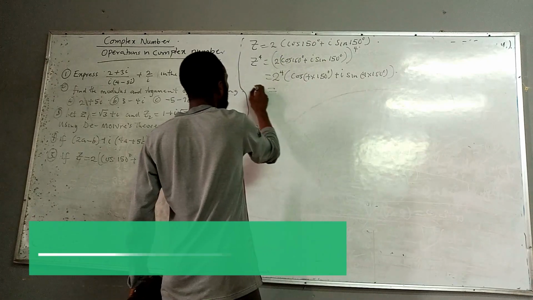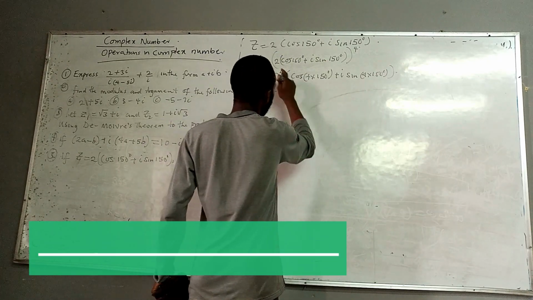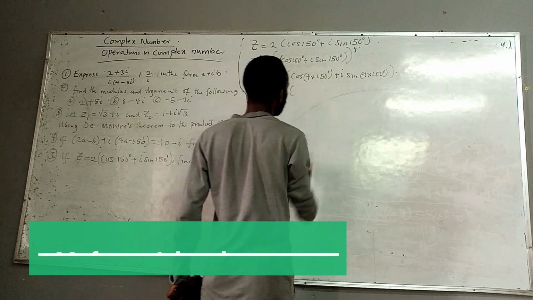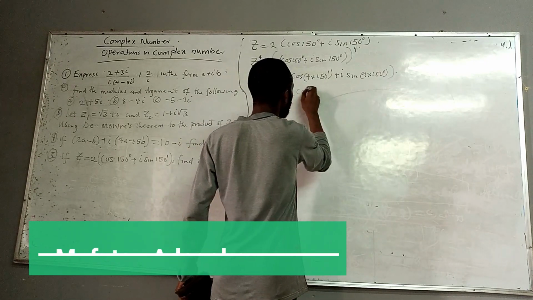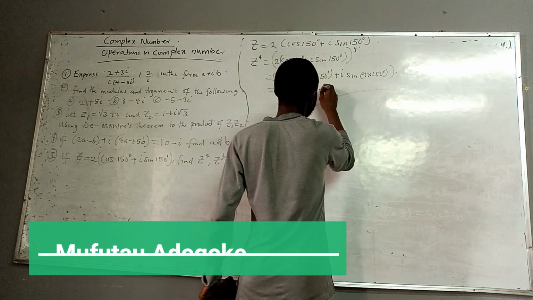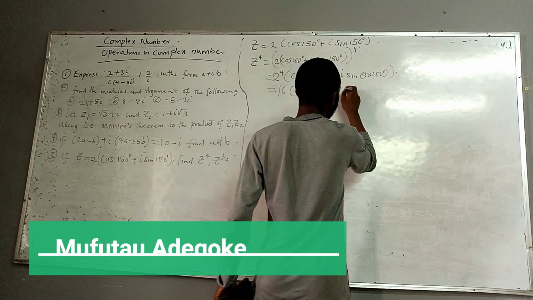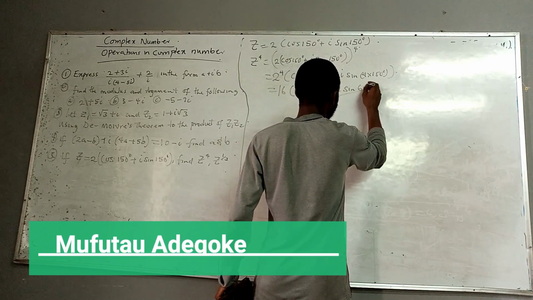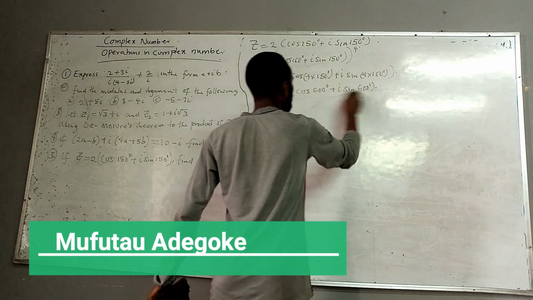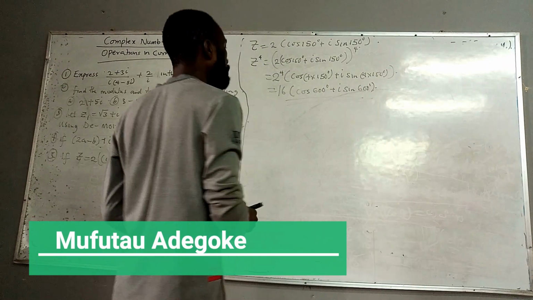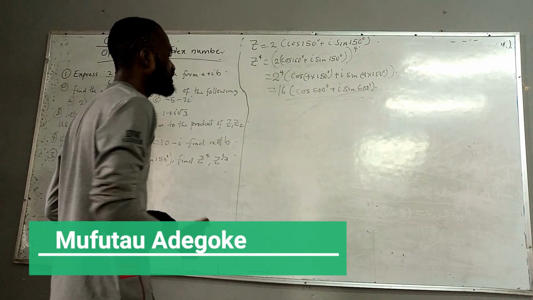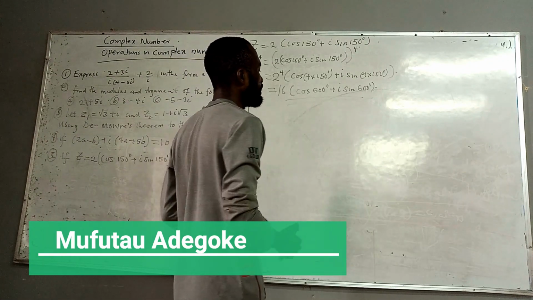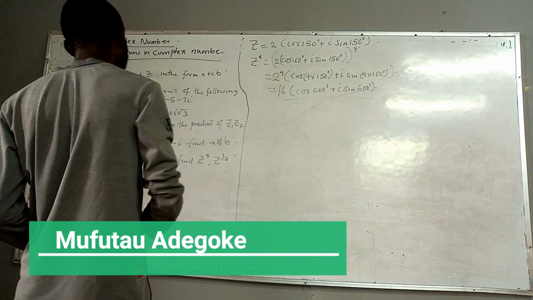At the end of the day, we have 2 raised to power 4 is 16 into cos 600 degrees plus i sine 600. And that is the answer. You can press your calculator to get cos 600 and sine 600 and you see the answer.